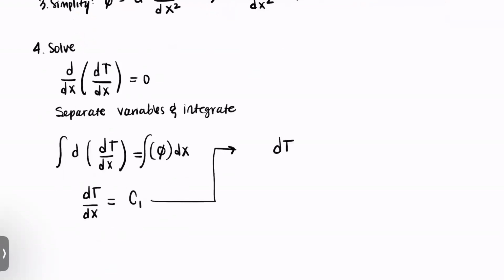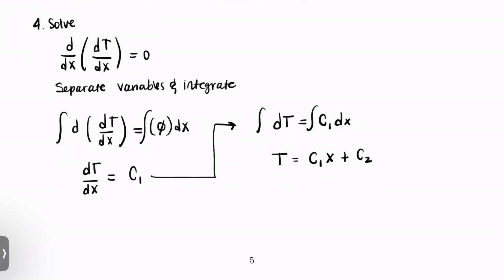So I have dT is equal to C1 dx. And so I just get that T is equal to C1x plus C2.